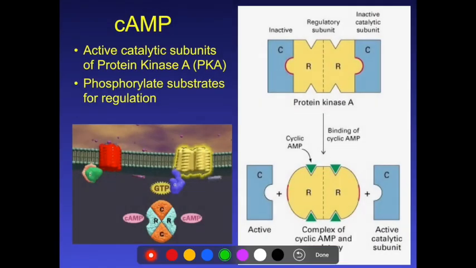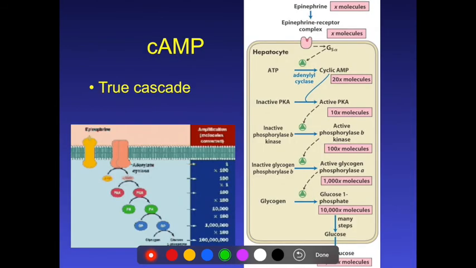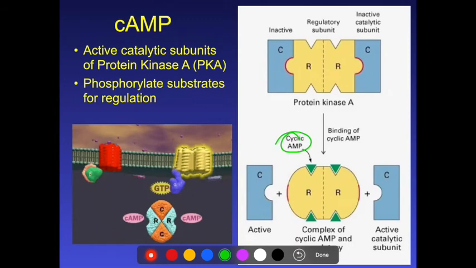Once the cyclic AMP is very high in concentration, okay, it will bind to the regulatory subunits inside the protein kinase A, the protein that we're going to upregulate. Protein kinase A has 4 domains.